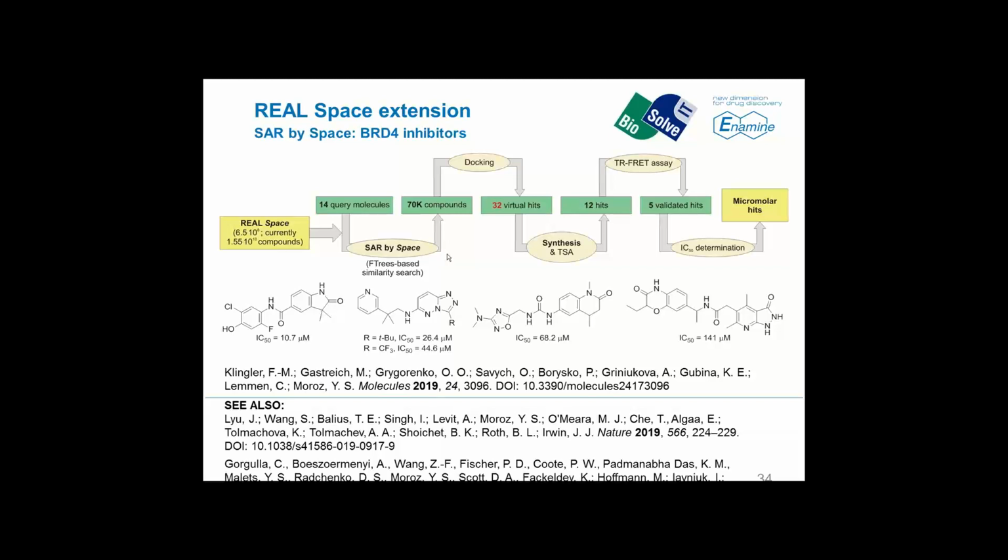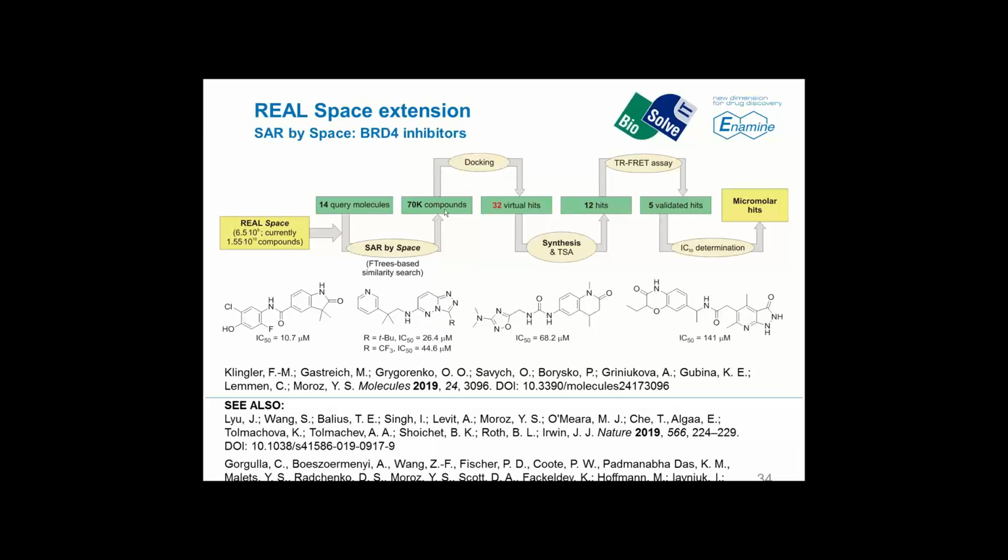The search was not simply substructural, and it did not rely on classical similarity search, fingerprint-based searches. Instead, it used the FTrees methodology, which was developed by our colleagues from BioSolveIT.